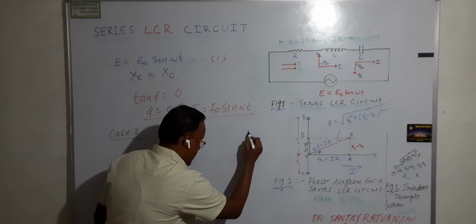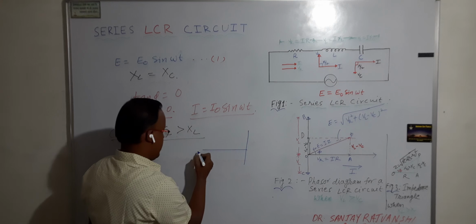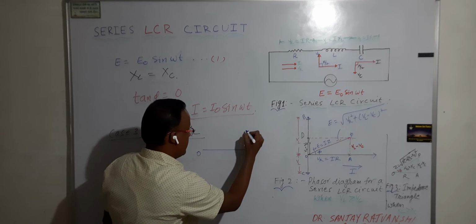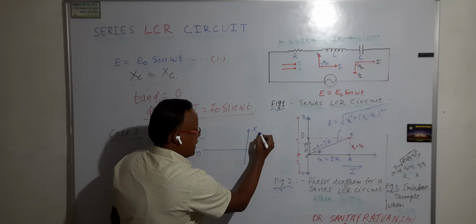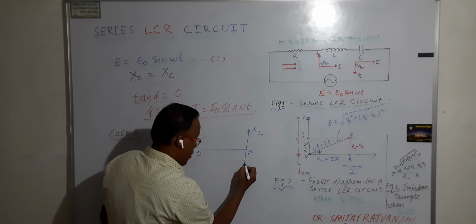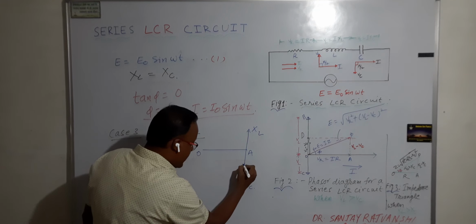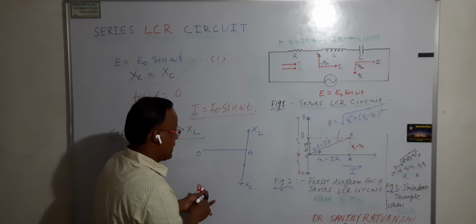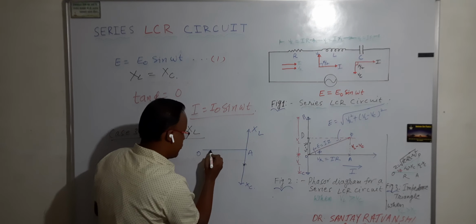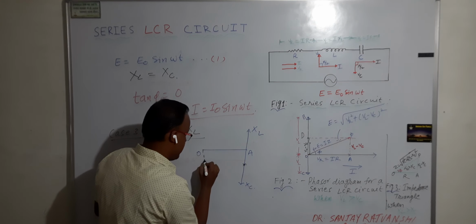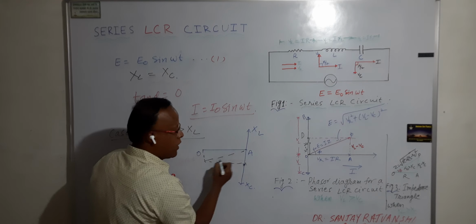In this case, this is your x-axis. Say current is here, and this is XL, and now XC is greater, so your XC minus XL is in the downward side. Then you complete the parallelogram and get the triangle here.